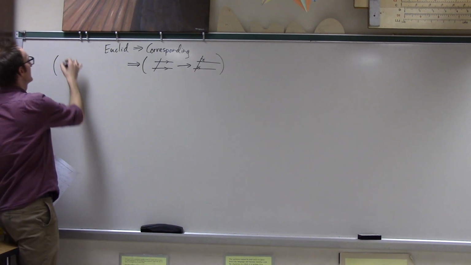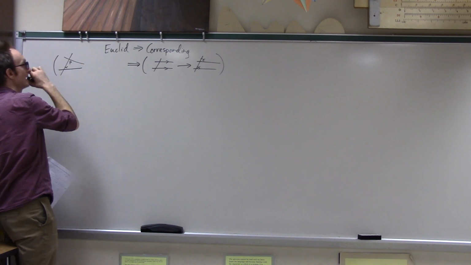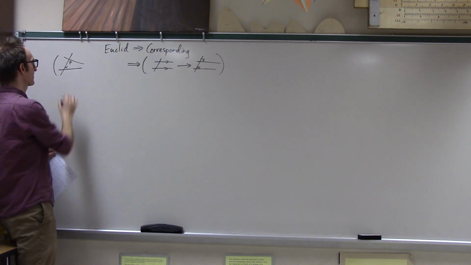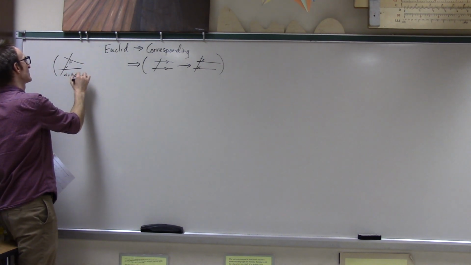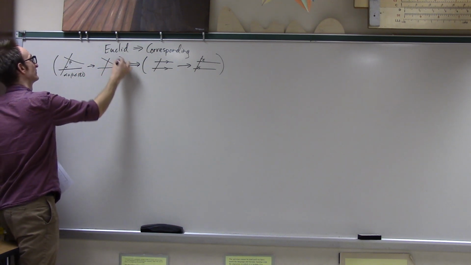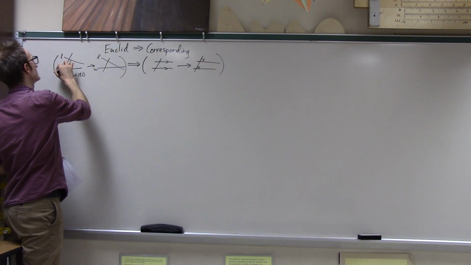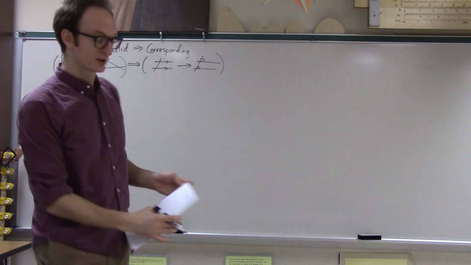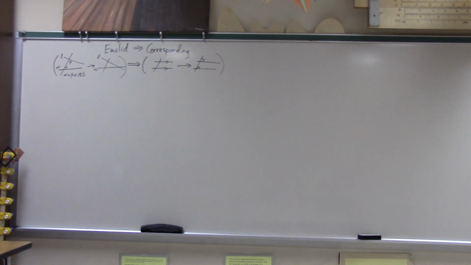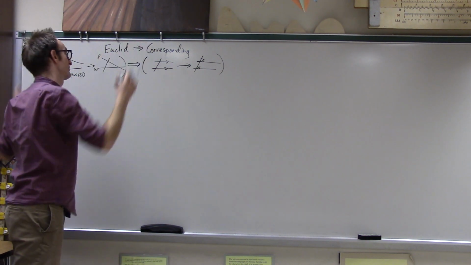It says if you have these two lines, then you have alpha plus beta, and if alpha plus beta is less than 180, then these lines intersect. So the overall theorem that we are trying to prove has the logical structure of conditional implies conditional. And the whole thing is a conditional.